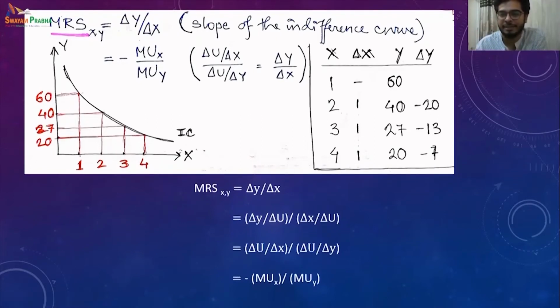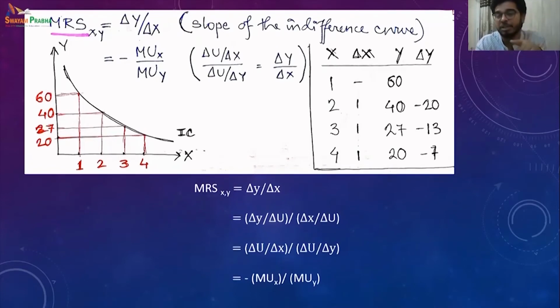The amount of X added while they moved from 1 to 2 is 1. With 1X, they were consuming 60 of Y. With 2X, they are consuming 40 of Y, right? So how much Y did they sacrifice? It is minus 20.